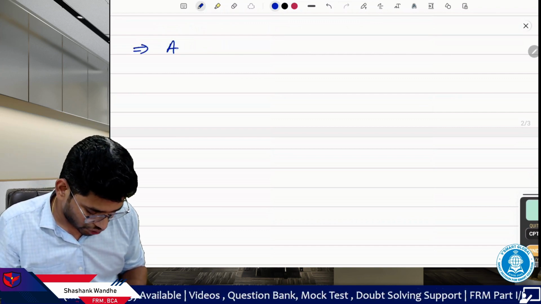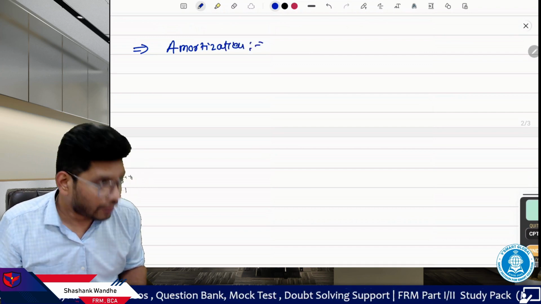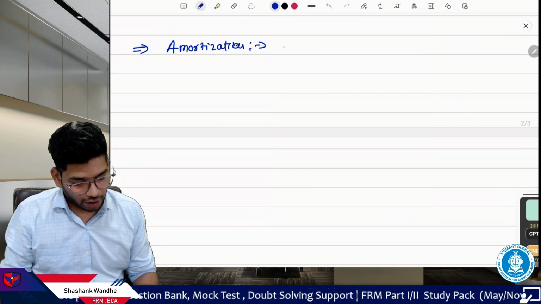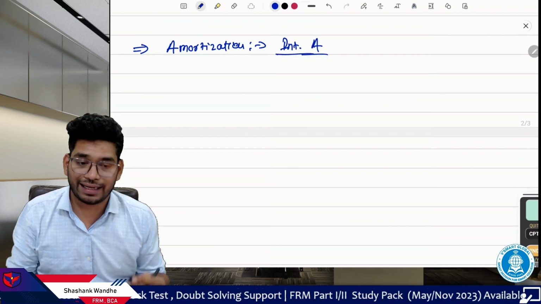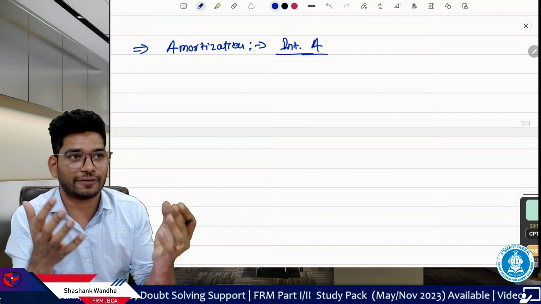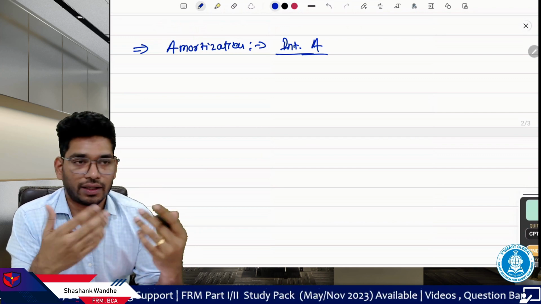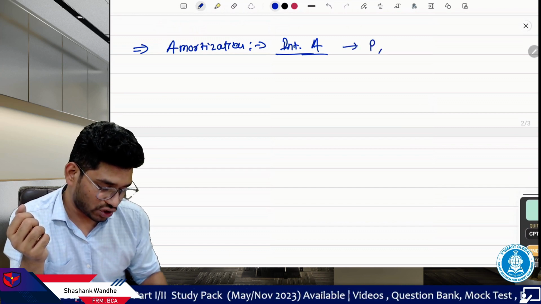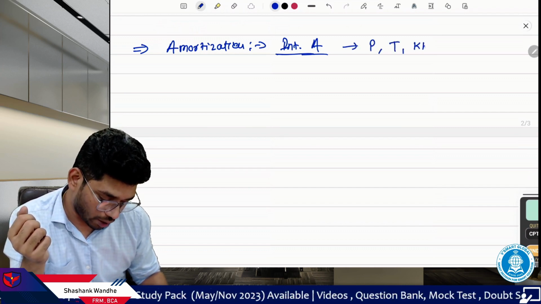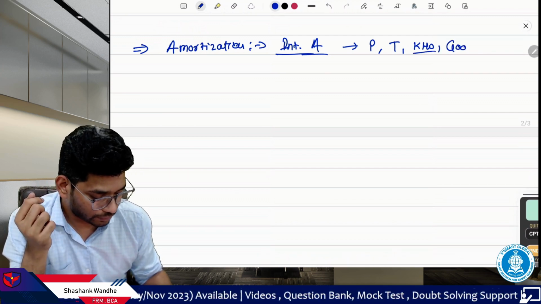Then comes amortization. As we know, amortization is applicable majorly to intangible assets which you cannot touch or feel. For example, patents, trademarks, know-how and goodwill.